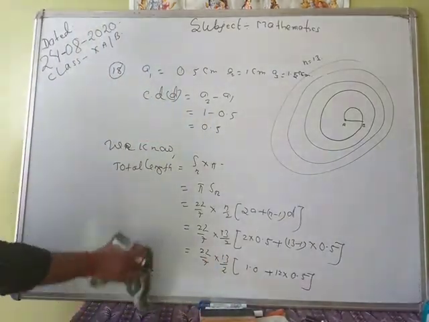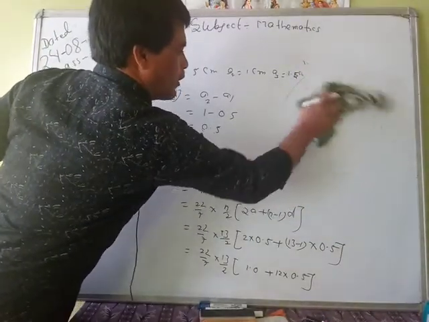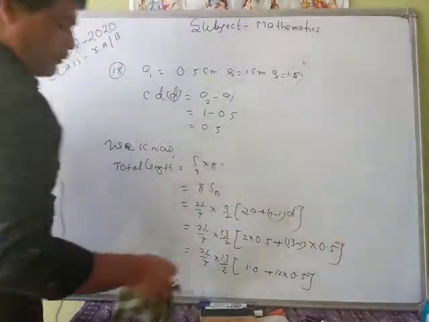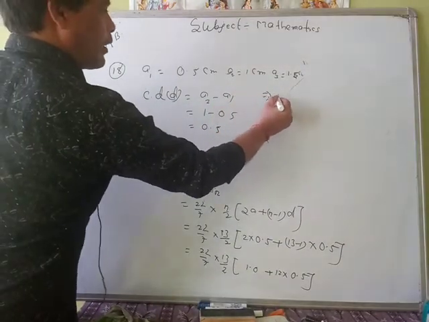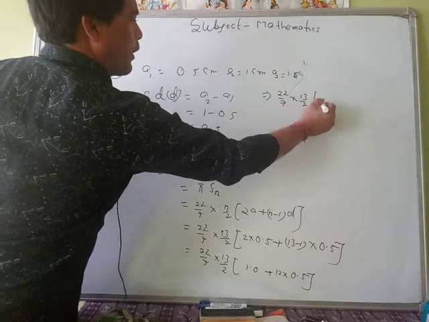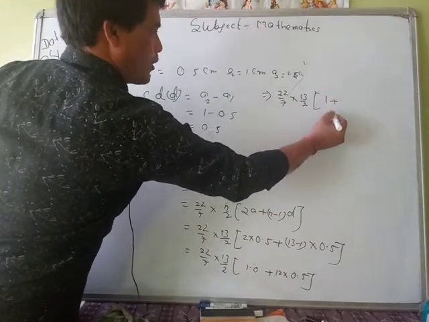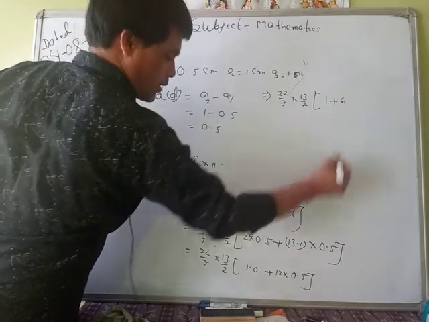Then after that you go here, then 22/7 into 13/2 and bracket start 1 plus how much? 6.